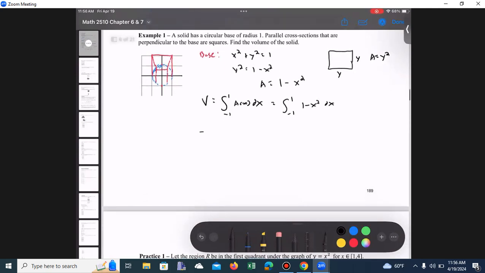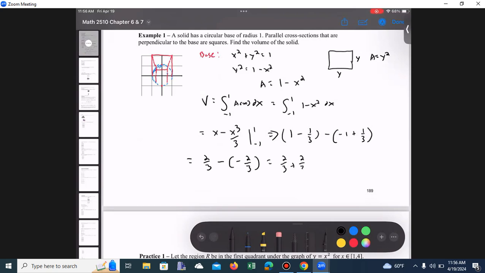When we integrate that, we get x minus x cubed over 3, evaluated from -1 to 1. Which is going to be 1 minus 1/3, minus (-1 plus 1/3). So that would be 2/3 minus -2/3. So 2/3 plus 2/3 is 4/3.